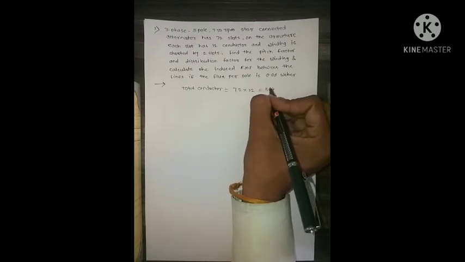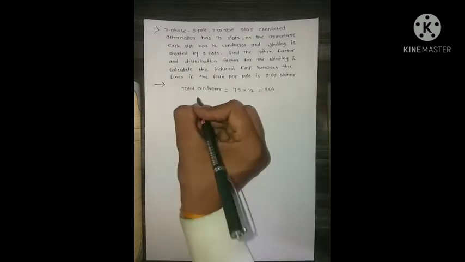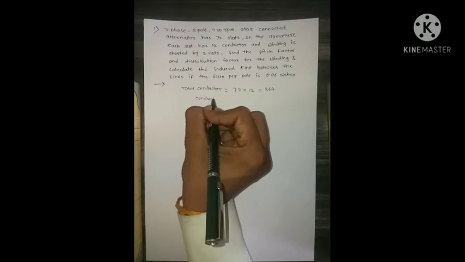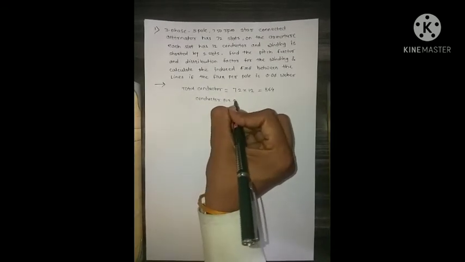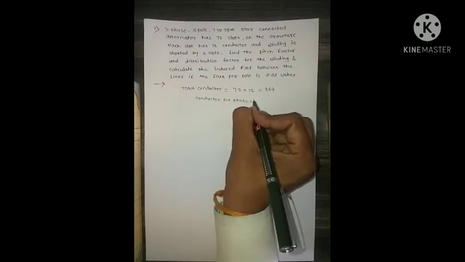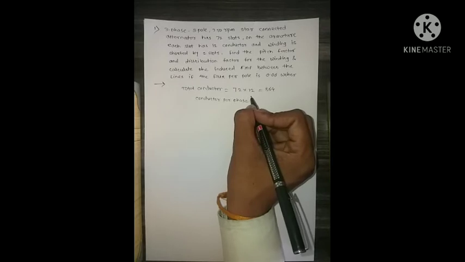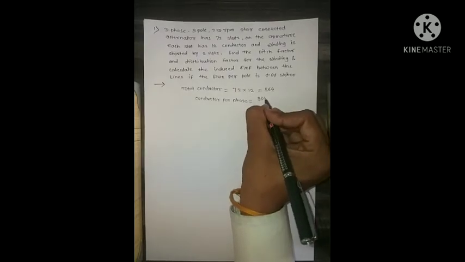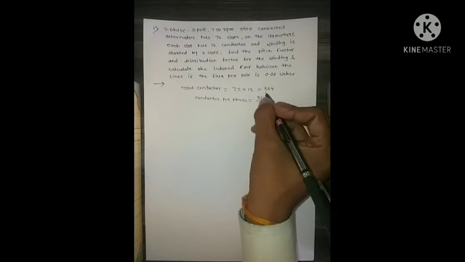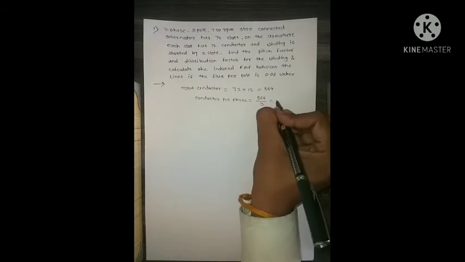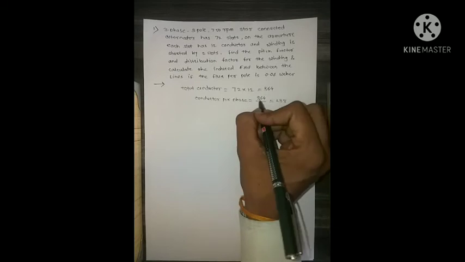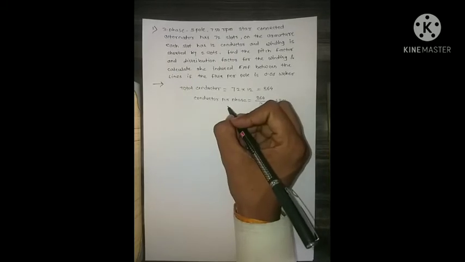After that, conductors per phase: there are 3 phases, therefore total number of conductors divided by number of phases, that means 864 divided by 3, and after calculating this we will get 288 conductors per phase.